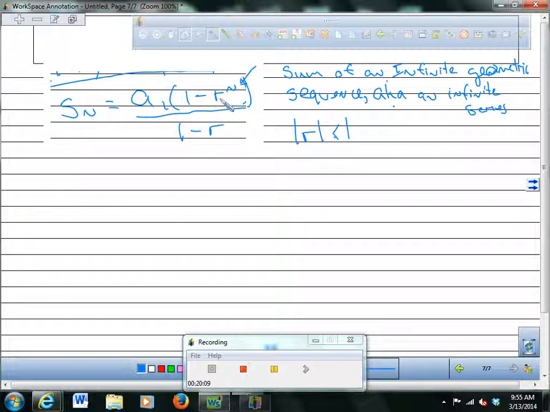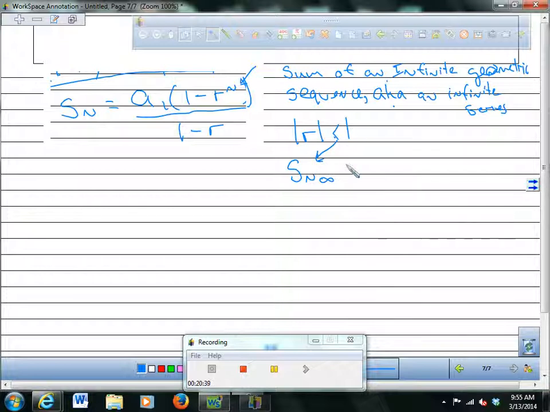Really small. So this essentially disappears. As this number gets very big, this number gets very small. And what you end up with is S sub n, you can put a little infinity down here, of an infinite series when the absolute value of r is less than 1.